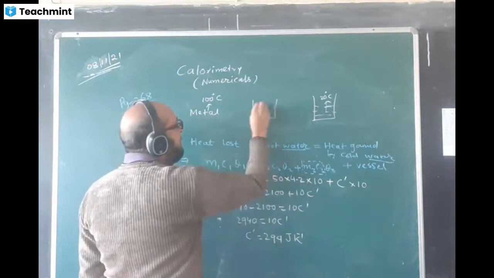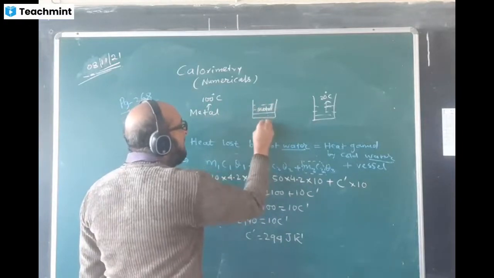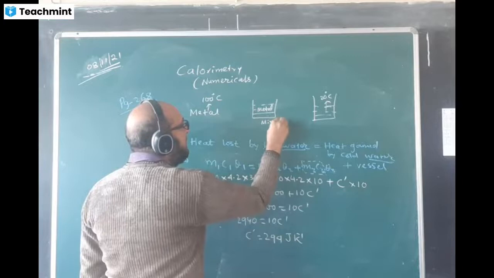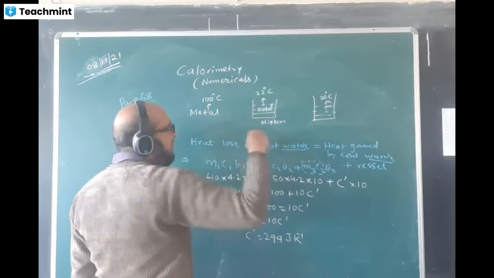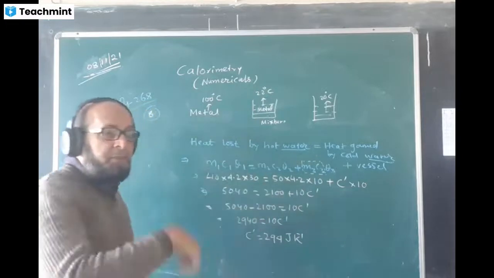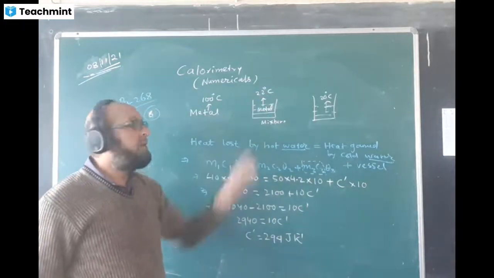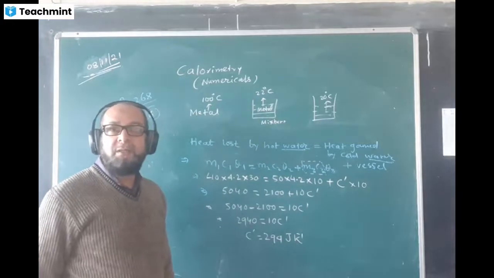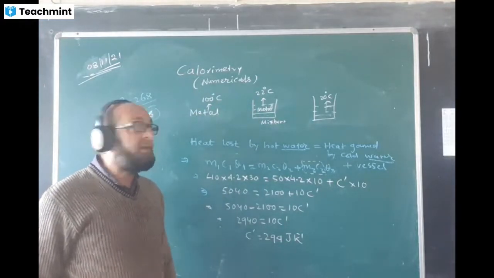Here I write mixture. Metal is there, right here, mixture. Temperature of mixture recorded was 22 degrees Celsius after stirring and all, when heat is distributed everywhere. Which one is losing heat, which one is gaining it, we'll check.